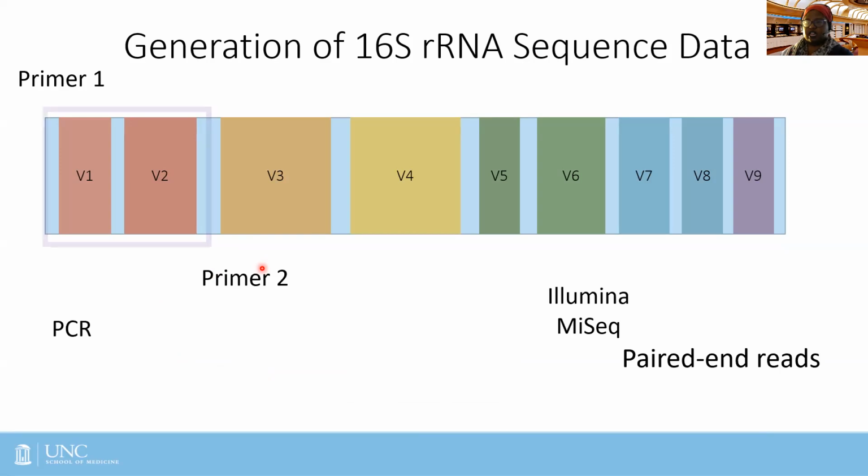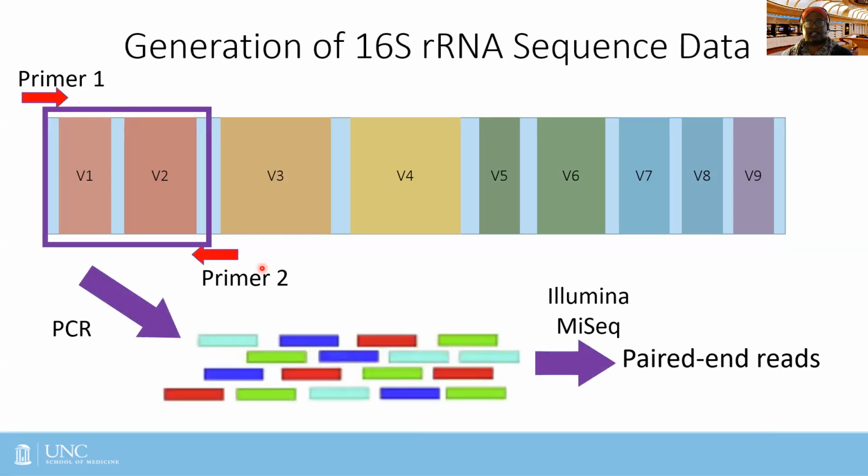For that, we use Illumina MiSeq to generate paired-end reads. For those who don't recall offhand, genes have a 5' end and a 3' end. So primer 1 is going to be going from the 5' end to the 3' end, while primer 2 is going in the opposite direction. That's why they're referred to as paired-end reads.